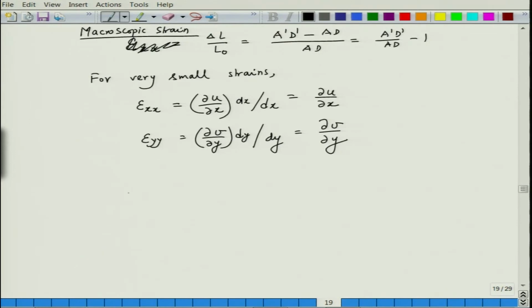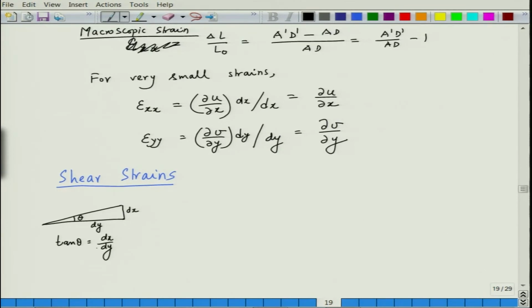Okay. Now, let us see what the shear strains are. Shear strains are defined at the small level. Let us say this is the angle theta, this is the part dx, and this is the part dy, then tan theta is equal to dx divided by dy, and for very small theta, this is gamma.